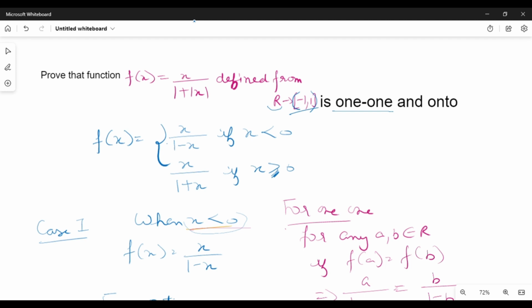If x is less than 0, then the value of y lies between minus 1 and 0, both open. It cannot take the value 0. Next, if x is greater than or equal to 0, then it can take the value 0, but it should be less than 1. So here I have proved that for every y in the open interval (minus 1, 1), there exists some x belonging to R such that y is equal to f of x. So here I have proved that the function is 1-1 and onto.